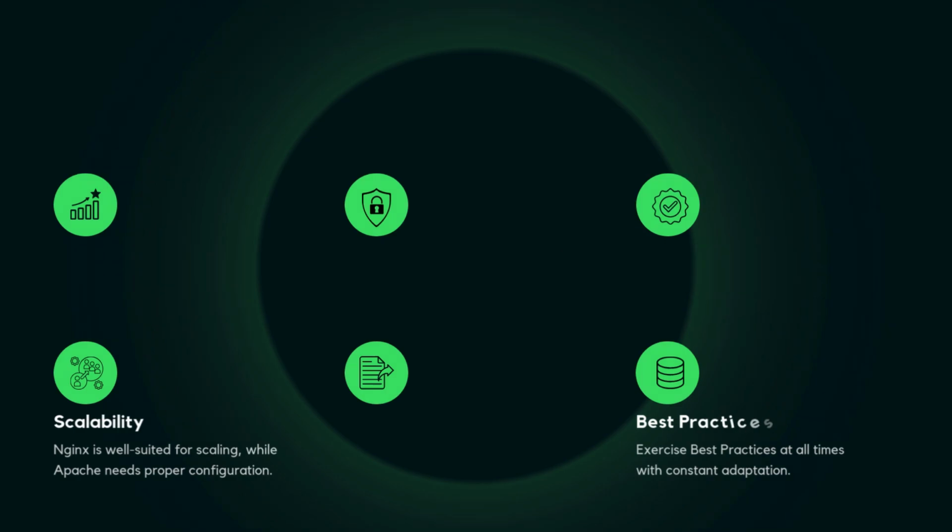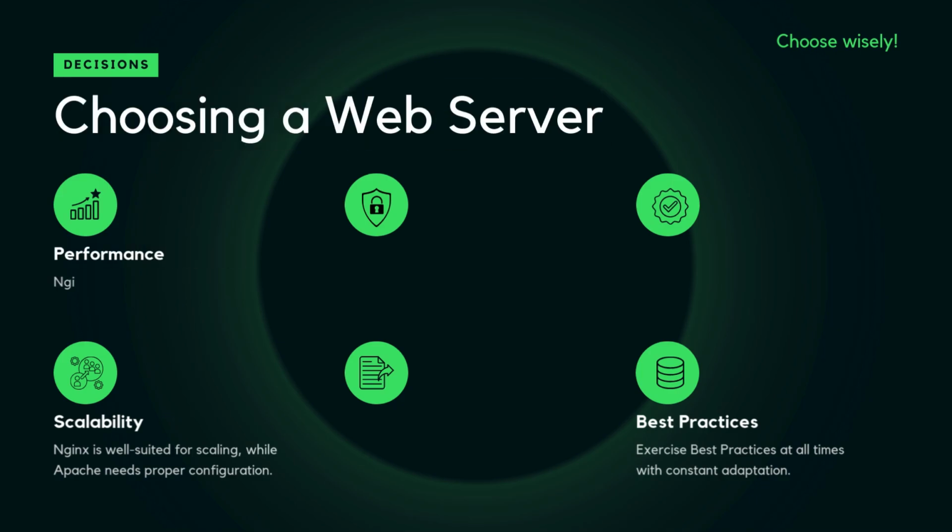But we need to be able to make some good decisions, both for choosing the web server and also for choosing the web hosting. For the web server, Nginx, like I said, is generally faster than Apache, especially for high traffic websites.